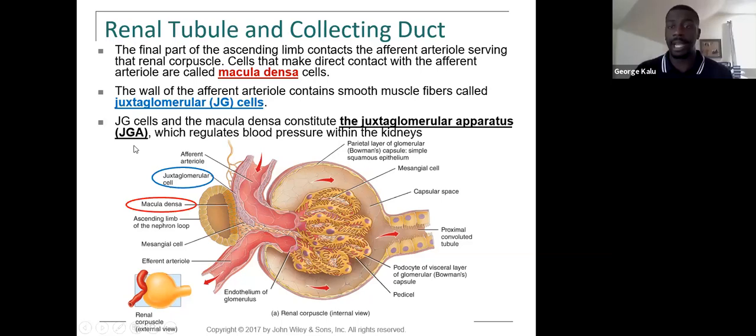That helps to regulate the blood pressure inside the kidneys, specifically inside the glomerulus. This is one thing that you're going to be learning about when you take physiology as well. So the macula densa is part of the ascending limb, and the juxtaglomerular cells are part of the afferent arteriole, and they help to regulate your blood pressure.